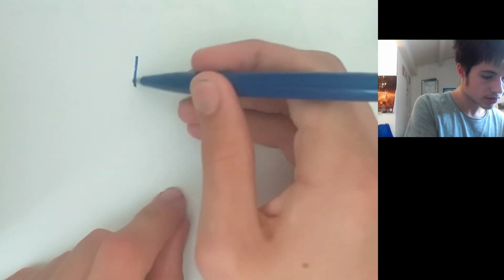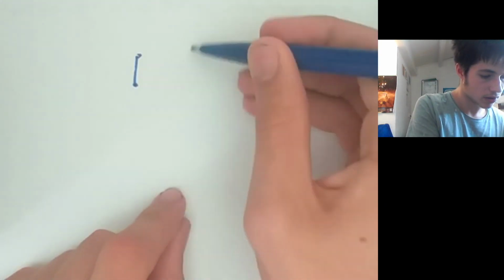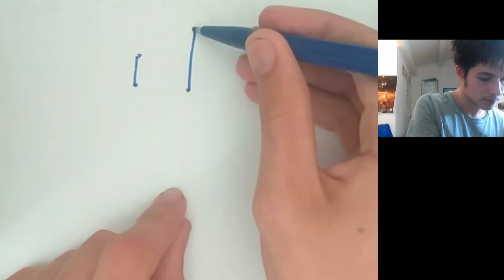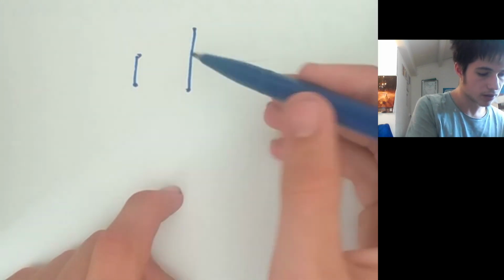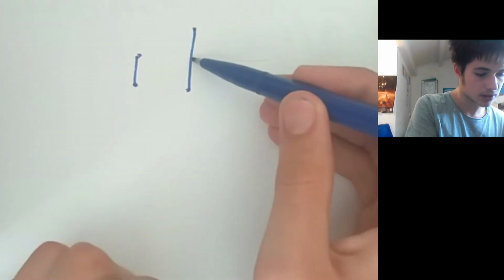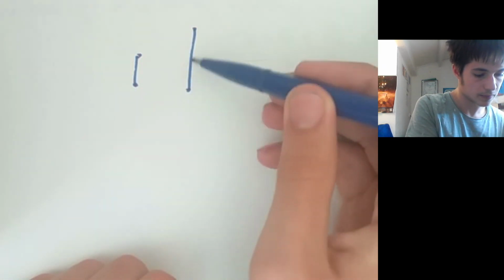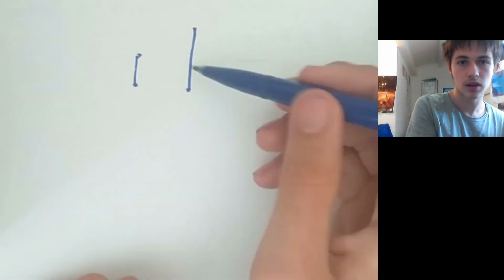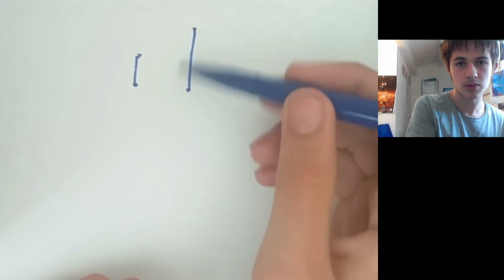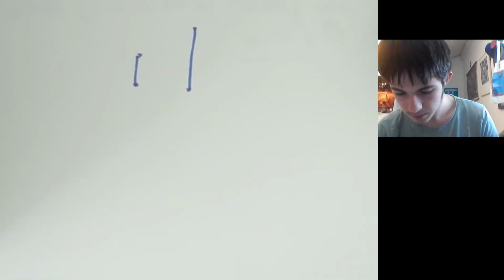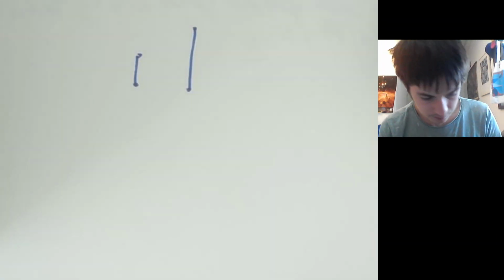I say that if you have two line segments, where one is bigger than the other, you can find a point in this line segment that has the same length as this, so you can cut off a line segment from this bigger one that equals the lower one.